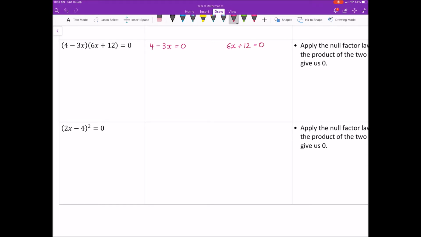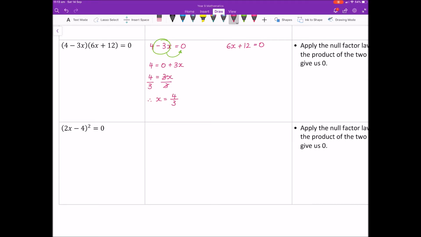Taking the first one and solving for x, we've got 4 minus 3x equals 0. What I'm actually going to do is take this to the other side and make it positive. So I get 4 is equal to 0 plus 3x, giving me 4 equals 3x. Dividing both sides by 3, 3 goes into 3 once, thus giving me an answer of x is equal to 4 divided by 3.